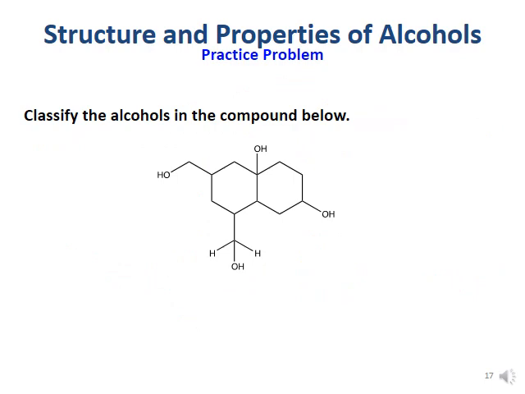So if we looked at this big old molecule here, find the alcohols and then classify them as primary, secondary, or tertiary. All right, so there's your carbon, and there's the alcohol. That carbon has an OH group attached.